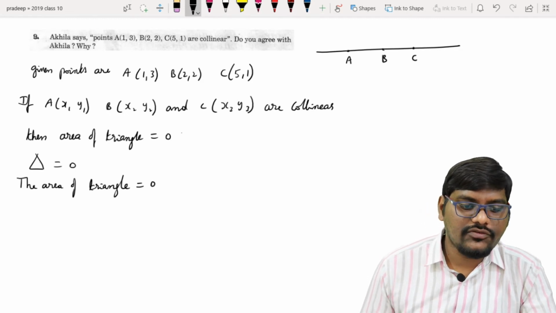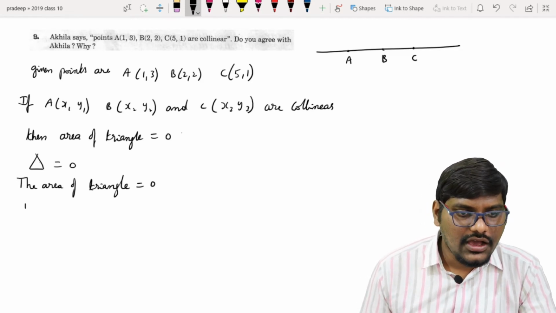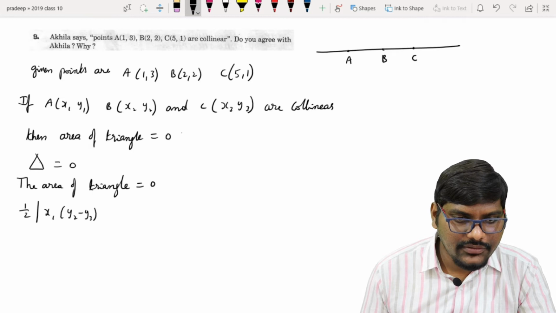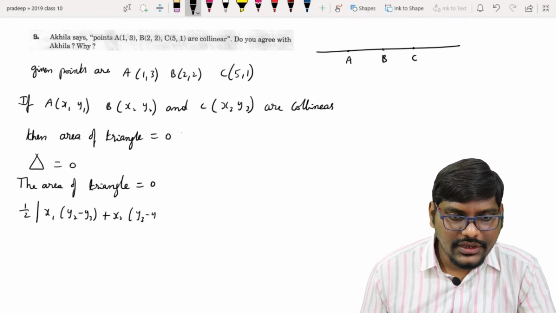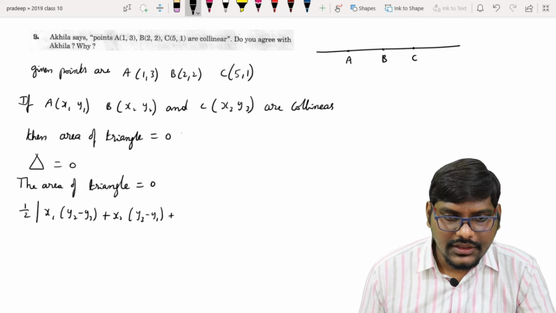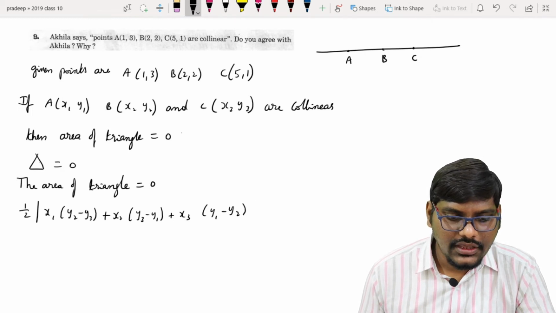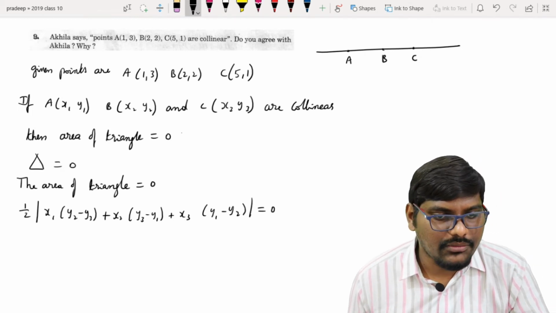What is the formula of area of triangle? It is half mod of x1 (y2 minus y3) plus x2 (y3 minus y1) plus x3 (y1 minus y2). Okay, so this is the formula.